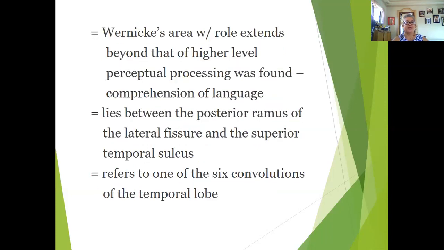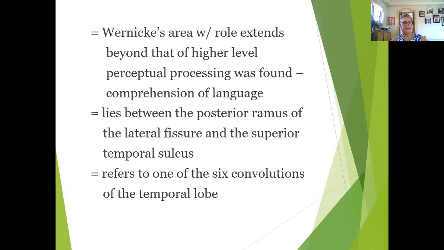Wernicke's area has a role which extends beyond that of higher level of perceptual processing, and this was found to be comprehension of language. So this lies between the posterior ramus of the lateral fissure and the superior temporal sulcus.